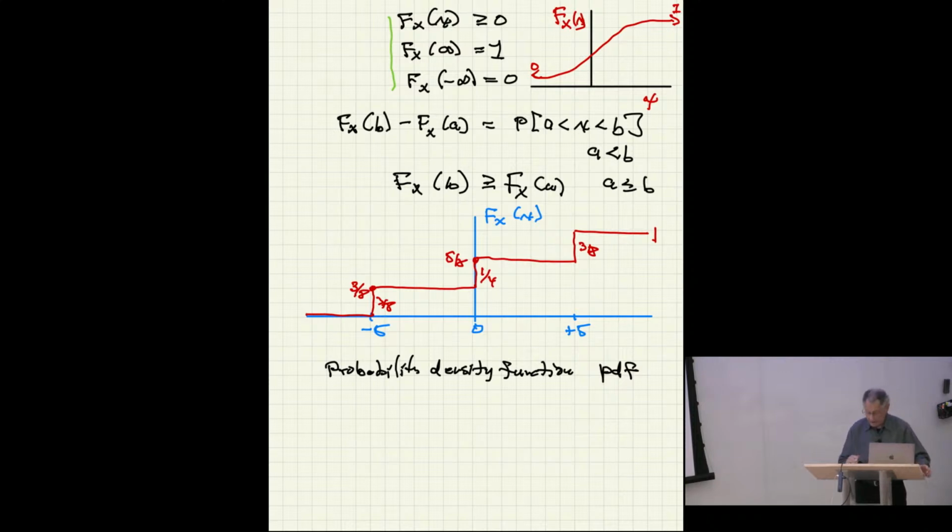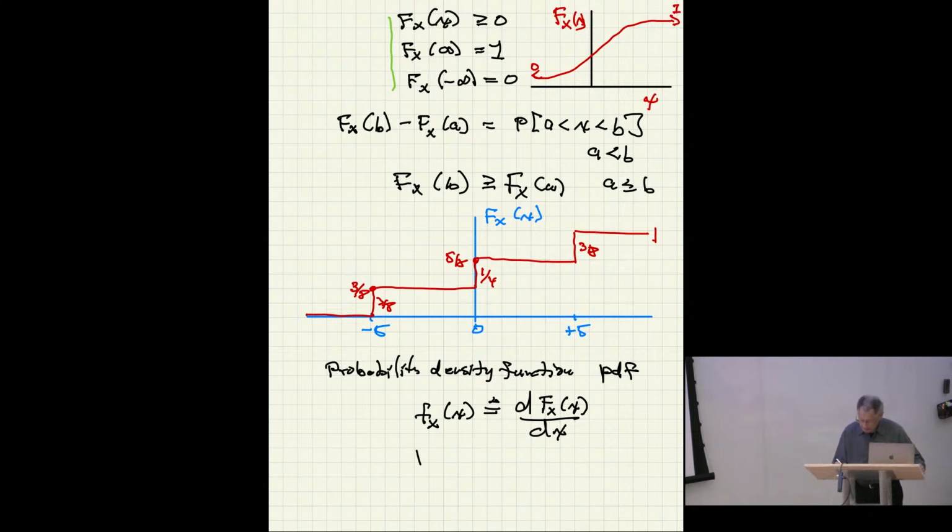And what is it? It's a differential of the capital. So f sub x of x, the probability density function, is defined to be the first derivative of the capital F sub x of little x, of the capital PDF. And inversely, the capital is equal to the integral of the little f.